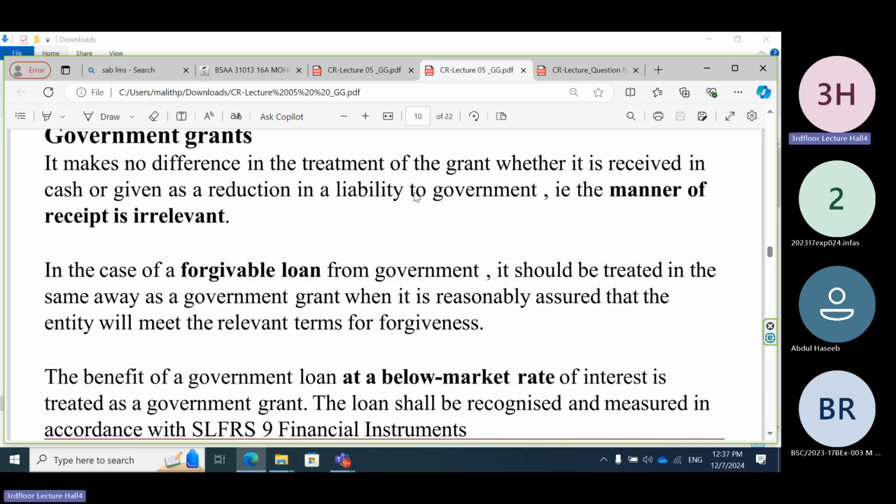So you are supposed to pay some interest. You are liable to pay some amount. Concessionary rate, right? You are enjoying a below-market interest rate compared to the market. If it is so, it's a grant. So these are the two examples.